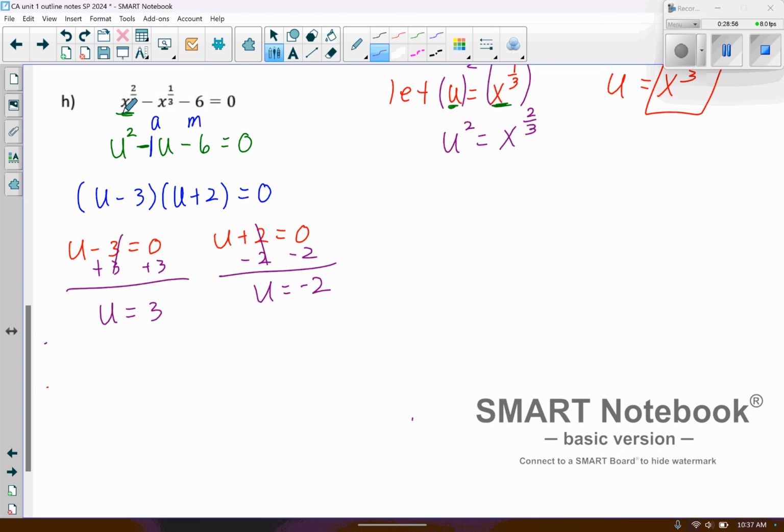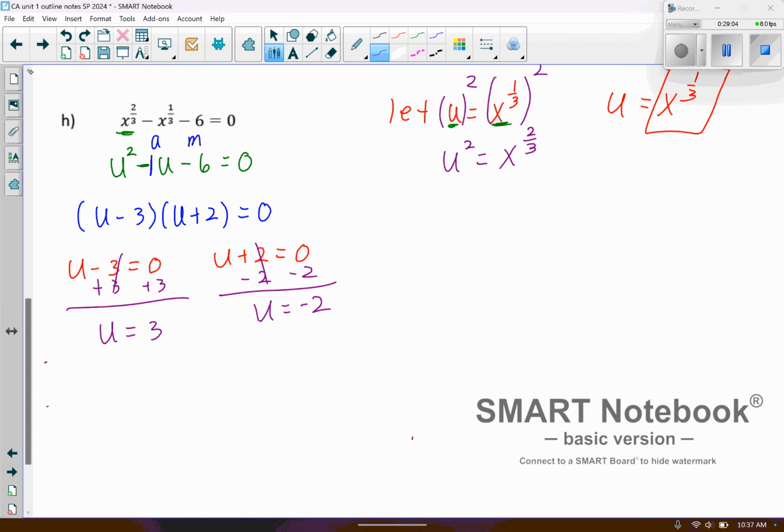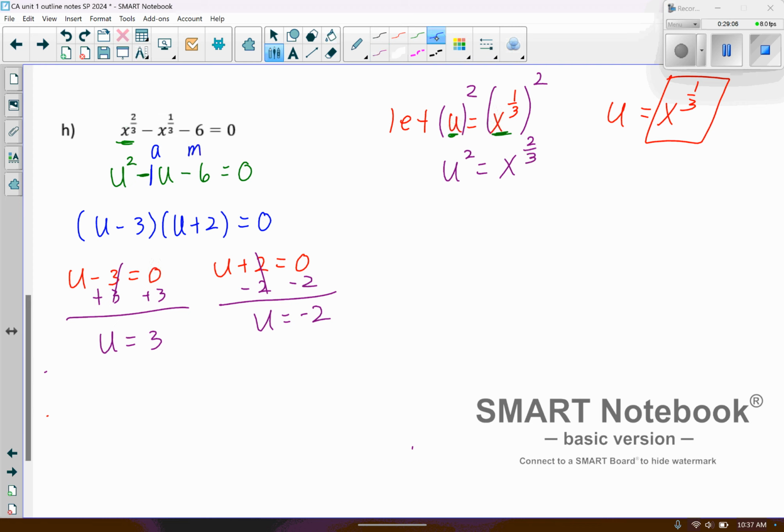What was originally there was x to the 2/3 and x to the 1/3, right? So u, right now we disguise the u value, but u is really x to the 1/3. And so we actually need to go ahead and put those back there. So this is going to be x to the 1/3 equals 3. And this is going to be x to the 1/3 equals -2.